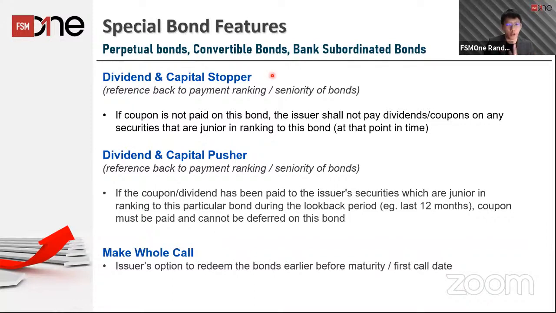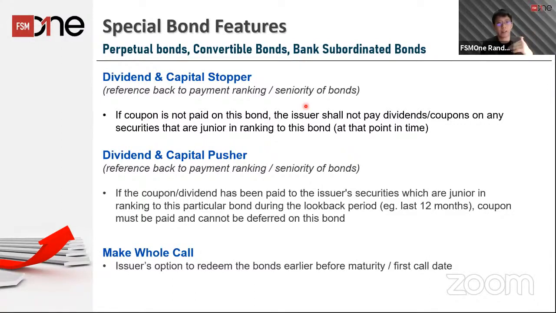If the issuer chooses to defer your payment, then while they defer it, they are not allowed to pay dividends to the shareholders or pay coupons to any junior bondholders, because you as a bondholder rank higher than the shareholders and other junior bondholders. They are supposed to honor you first before they can make any payments to those ranked below you.